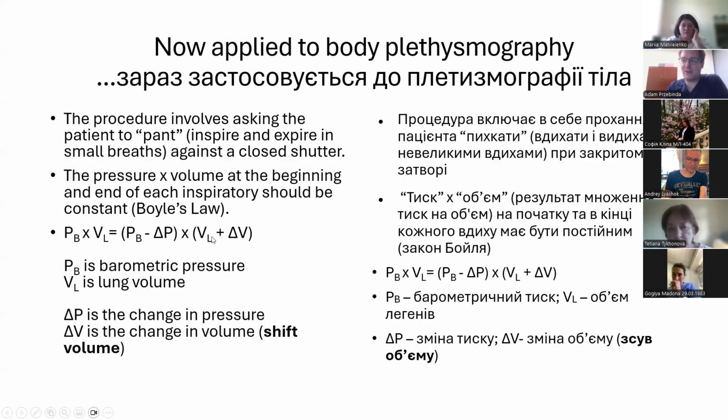So the lung volume is going to be the initial lung volume plus a small change in the lung volume, delta V. All this is saying is that the pressure times volume at the beginning of the pant and at the end of the pant is the same. And that is an expression of Mariotte's law. The change in pressure, delta P, and the change in volume, delta V, this delta V is the shift volume that we were talking about before, which is one of the key concepts.